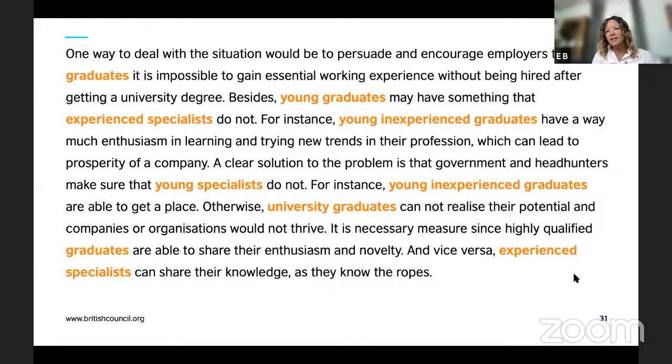But as you can see highlighted on the screen, we have a lot of the same terminology being repetitively used within one paragraph. So the phrase graduates, young and experienced graduates, is used repeatedly throughout, and likewise for the term specialists. And you'll see this throughout the rest of the essay as well, but due to screen size and timing, we've only highlighted this one paragraph.